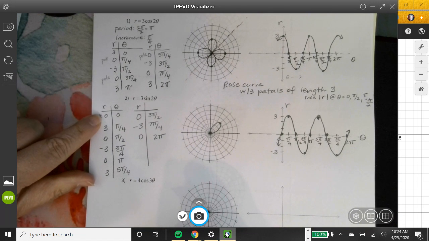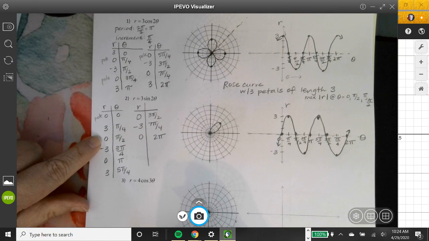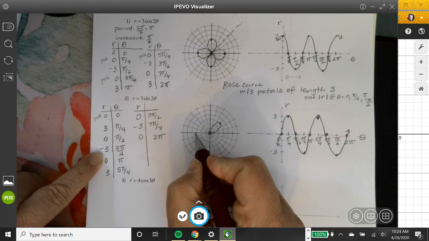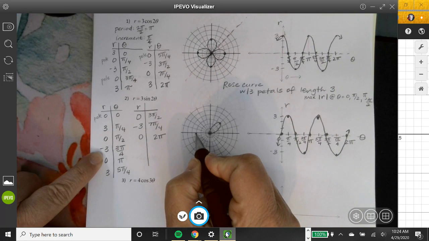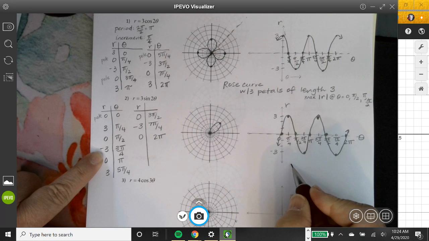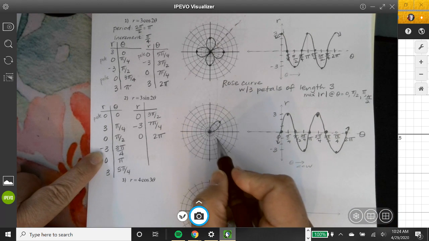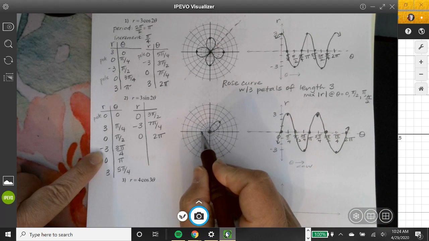All right. Now I'm at the pole at pi over 2. Now I'm going to go out radially, negative 3, 1, 2, 3. Rotate 3 pi over 4. Remembering theta in this direction is positive, which means I'm going counterclockwise. 3 pi over 4 is going to be, 1, 2, 3, I lost my space.